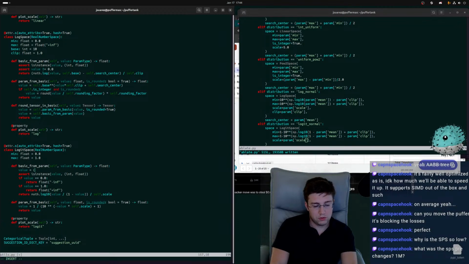Value equals 1 minus value. Map.log 1 minus value. Self.base.